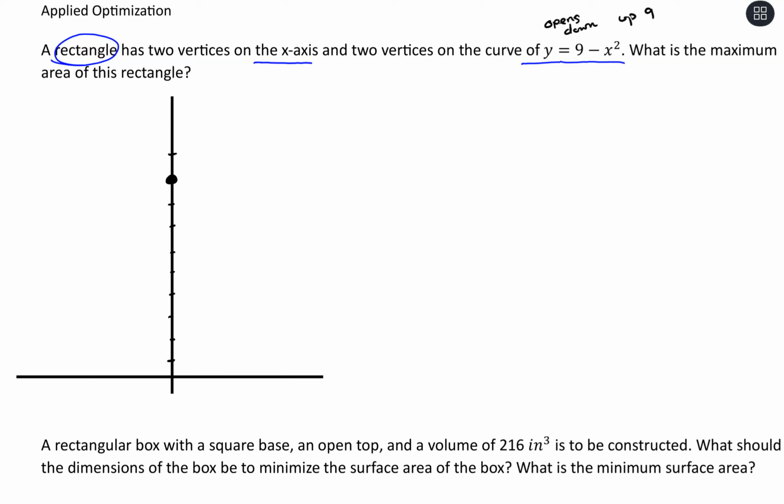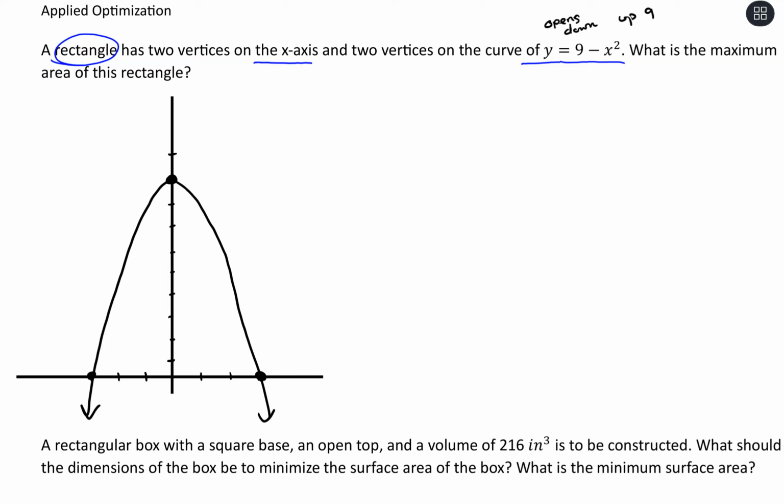And then just to see where my x-intercepts are, I could solve 0 equals 9 minus x squared, and that's going to be plus or minus 3. So let's go ahead with 1, 2, 3, 1, 2, 3. Okay, so all that to get just a visual for my parabola.